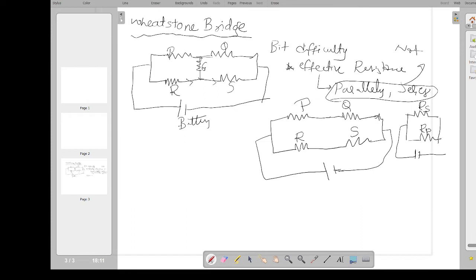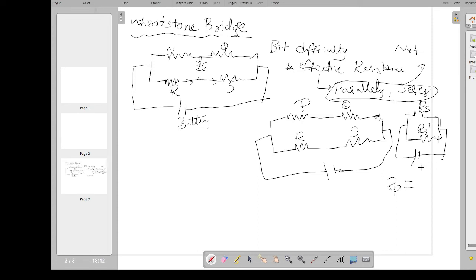So P and Q are making a series and R and S are also making a series. P and Q make an effective resistance that I am calling RS, and R and S make an effective resistance that I am calling RS dash. So this is a battery supply, and now both are connected in parallel. RS as well as RS dash are connected in parallel.